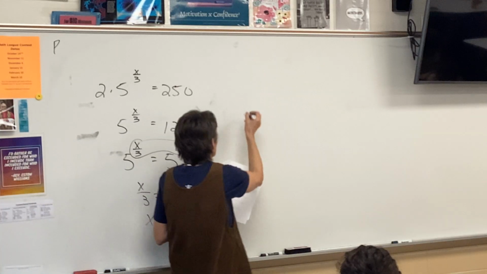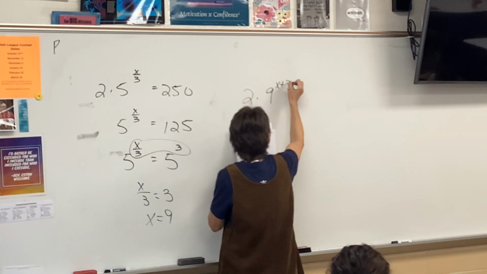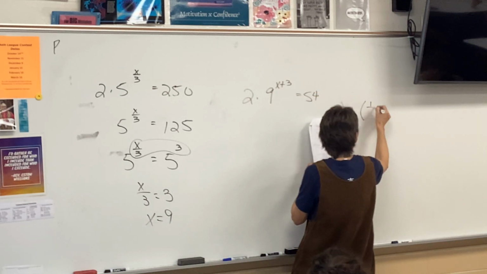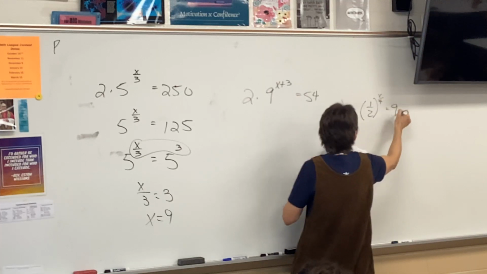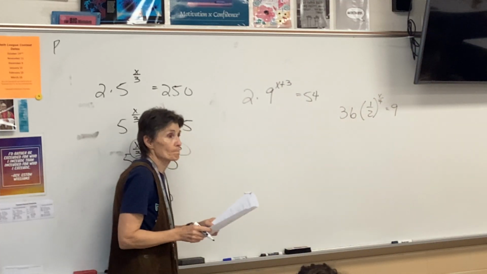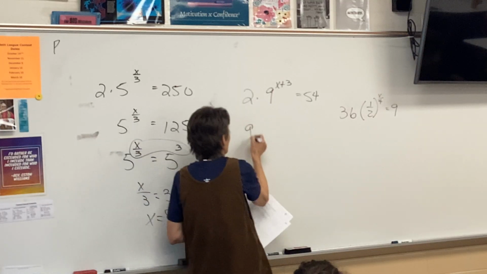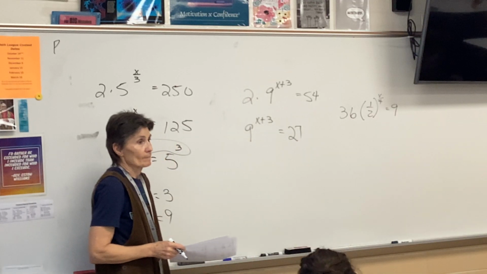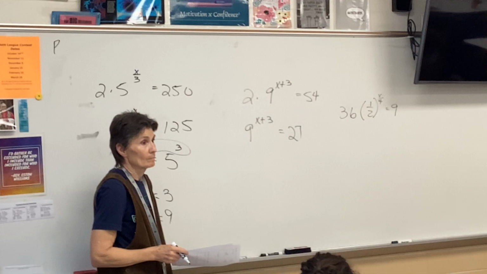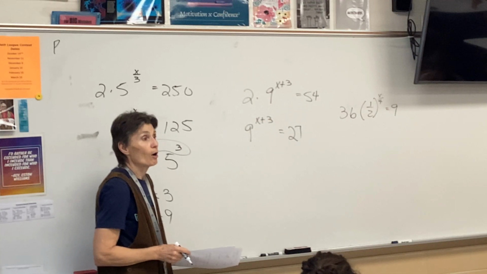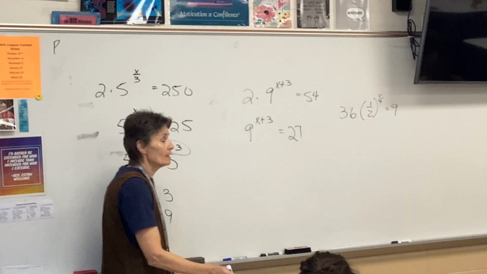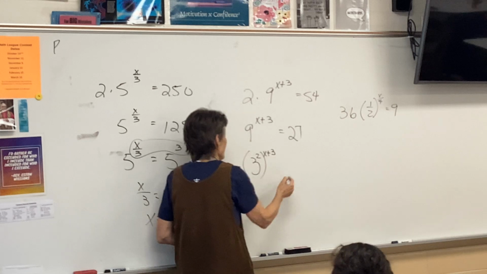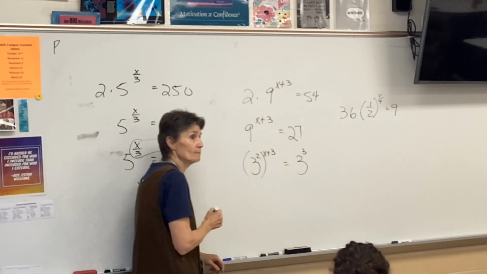All right. F. Here we go. So when you see step 1, divide by 2. Both are powers of 3. 9 is 3 squared. And 27 is 3 cubed.